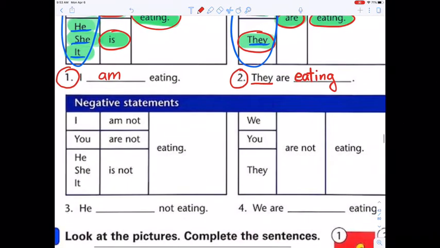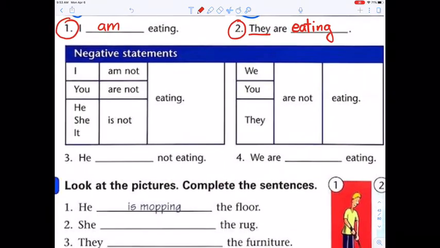Now let's talk about negative statements. Negative statements are not statements. We make them almost the same way. We must start with a subject like I, you, he, she, it, we, you, or they. We still need a subject. And then we need the two parts of the verb.